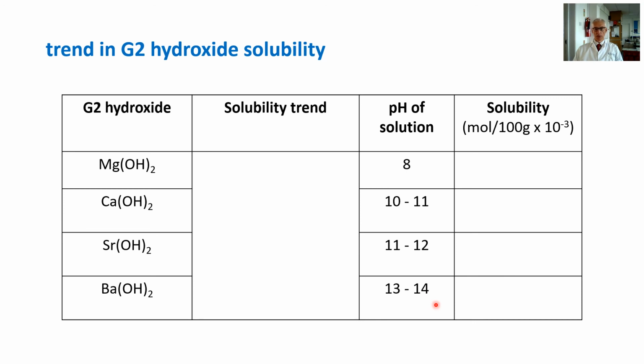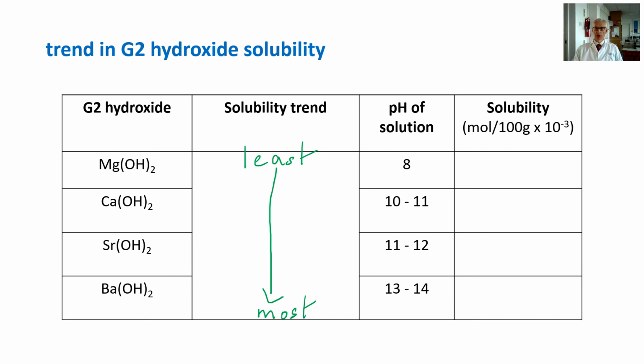That means the solubility of barium hydroxide is high. So the trend down the group would be that we have the most soluble hydroxide at the bottom and the least soluble hydroxide at the top.